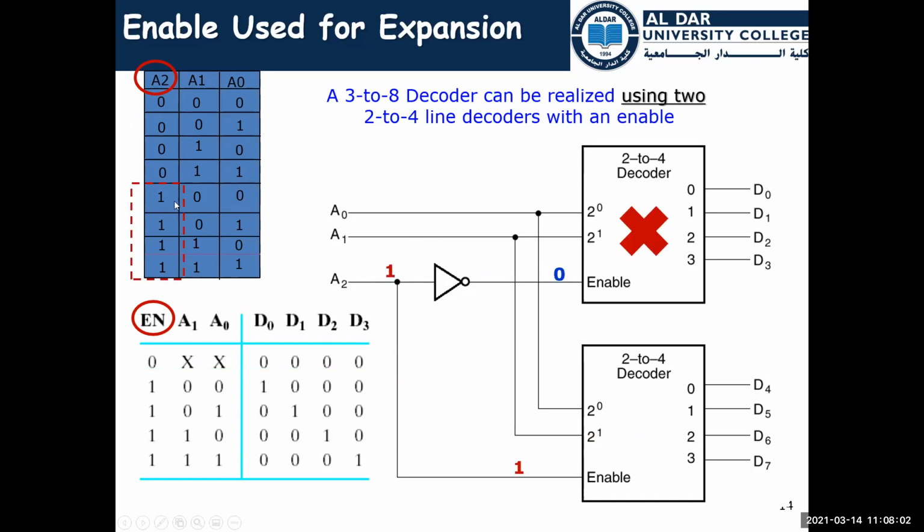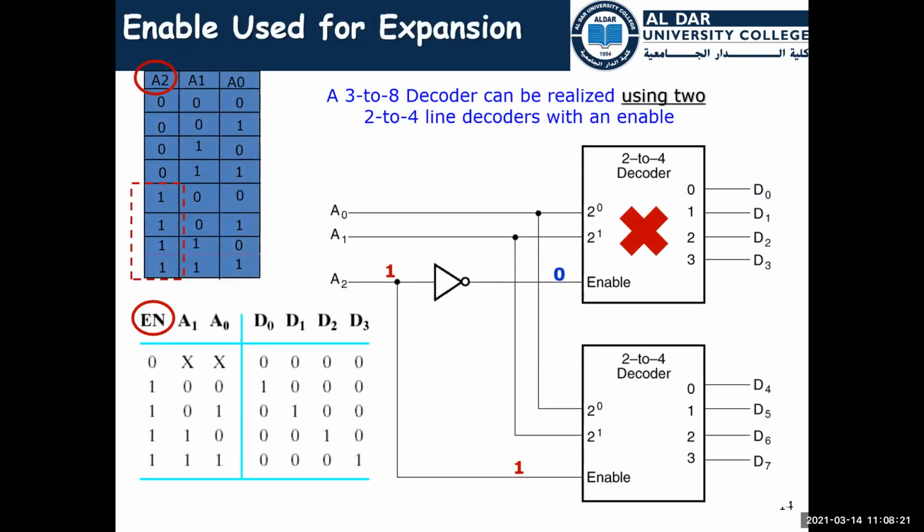If this is 1, then A2 is the control signal, and it enables the second decoder and disables the first decoder.